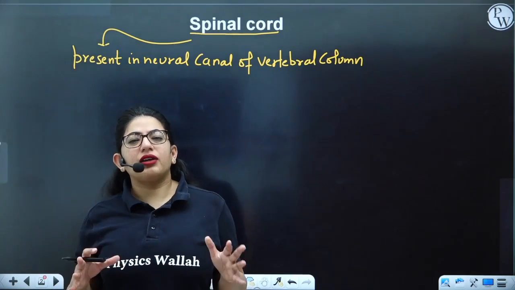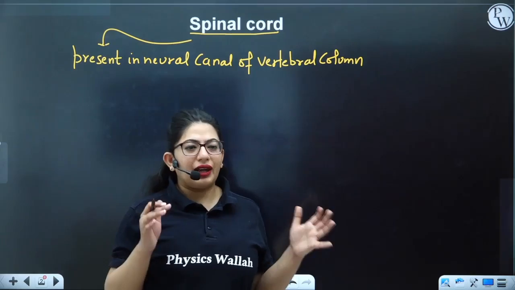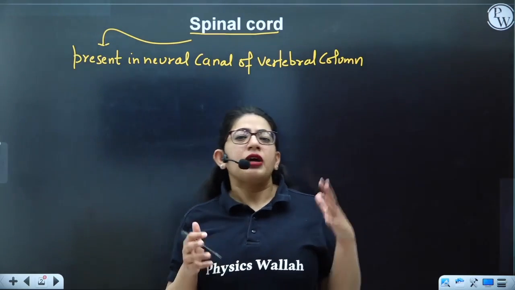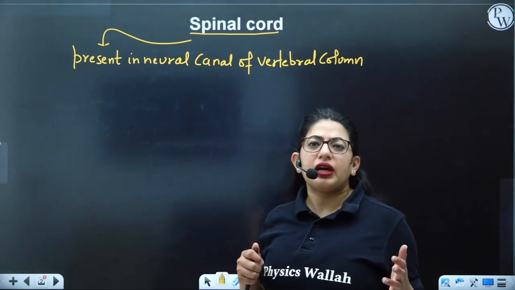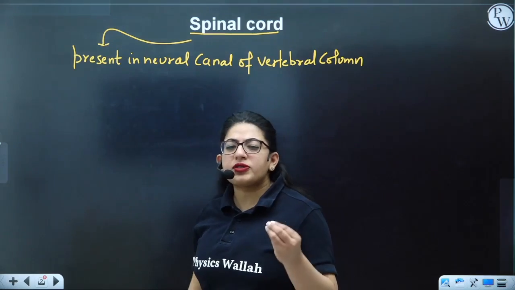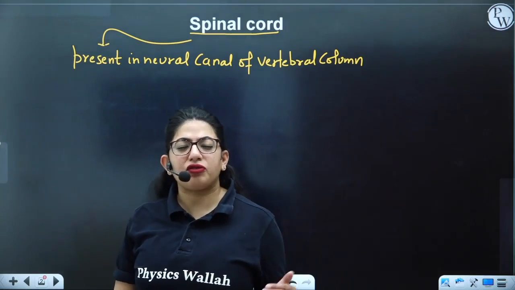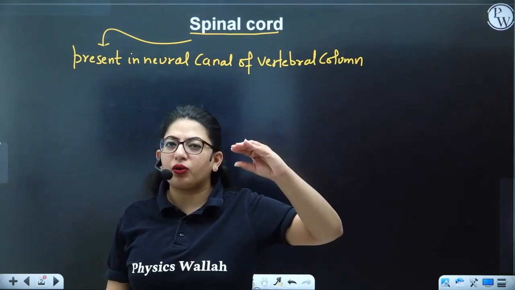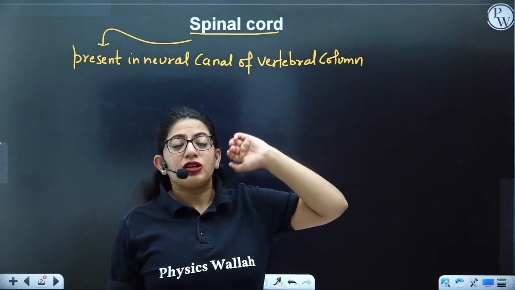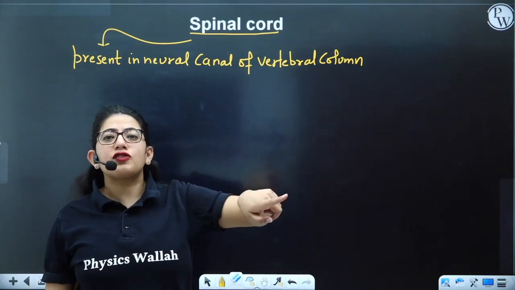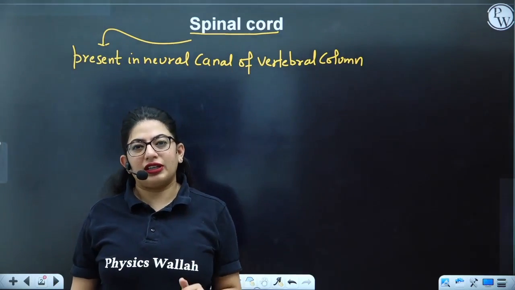So the spinal cord has the length shorter than the vertebral column, because what happened when we were growing, our spinal cord stops its growth at the age of around 5 to 6, whereas vertebral column keeps on growing because your height increases. So we always say that the length of spinal cord is always shorter than the vertebral column.